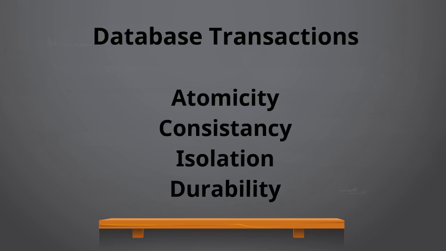Consistency ensures that after the transaction executes, it'll go from one valid state to another valid state. Isolation ensures concurrent execution of transactions, so they will always execute in the order they were meant to execute in. And durability means that the data will remain the same once the transaction has been committed, regardless of issues that may occur in the aftermath.